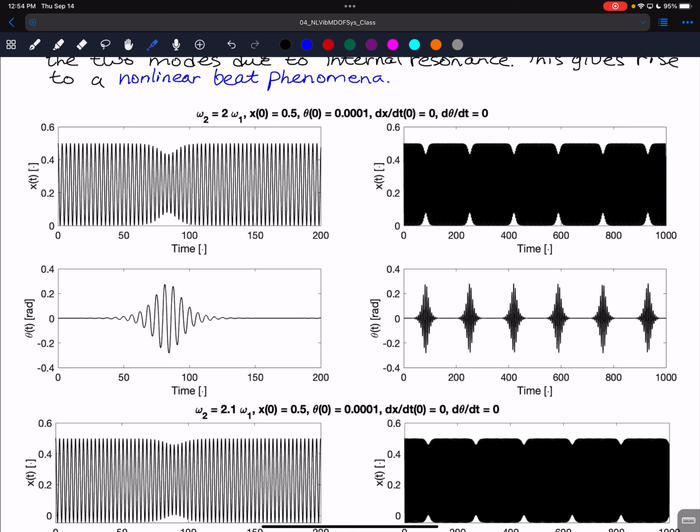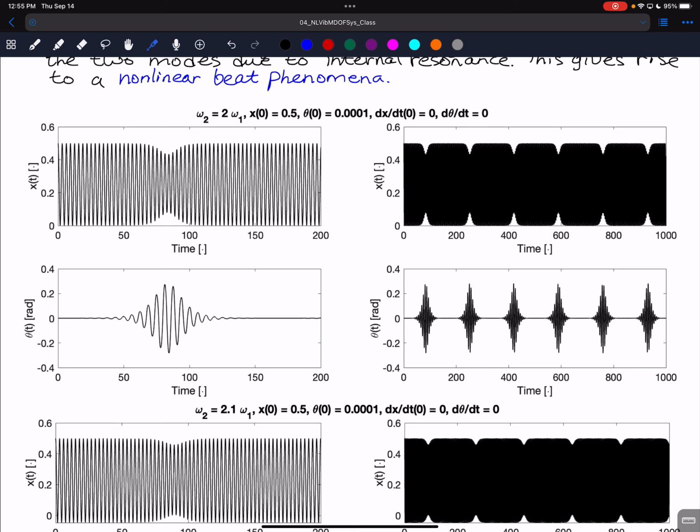As we continue and get out of this example, we'll see how you can get this beating phenomena and this type of exchange of energy without a parametric resonance. So parametric resonance, in summary, specifically talks about a time-varying frequency, rather than having a nonlinear forcing term.